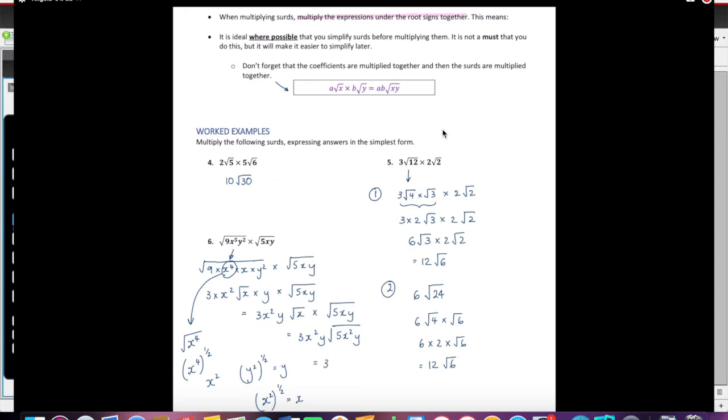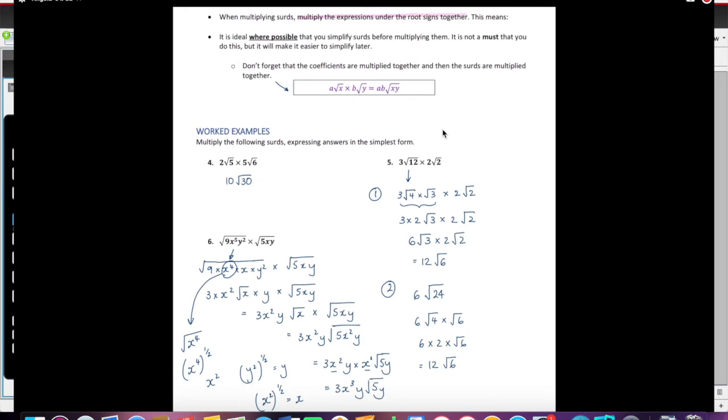So that'll give me 3x squared y times x root 5y. Now remember, bases are the same for the x term, so I can add the powers. So I'm going to have 3x to the power of 3 times y root 5y. And that'll be my final answer.